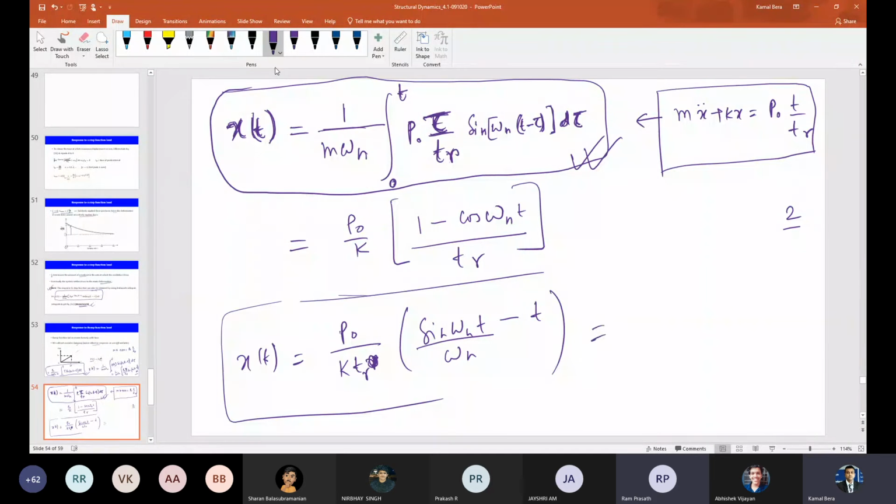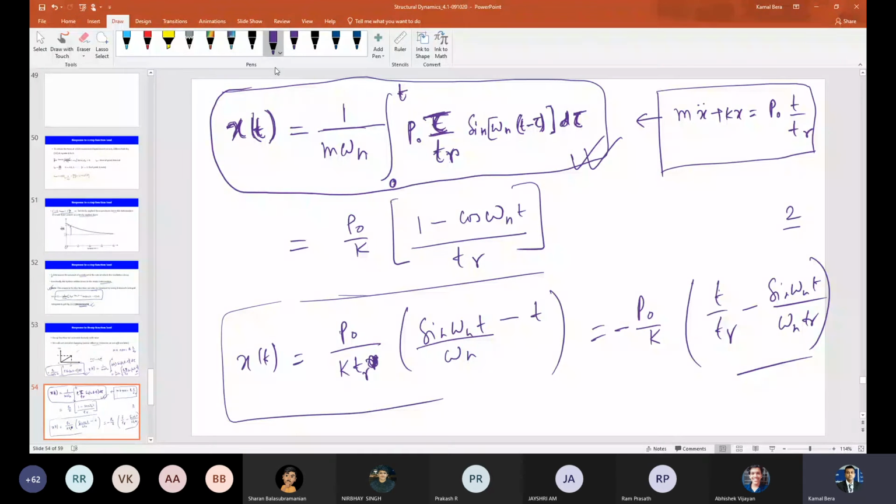Somehow it is coming correct, like it's P naught by K, so I can write t by tr, but I don't know, minus plus, maybe some mistake is there. So I can write sine omega n t divided by omega n tr, basically, right?